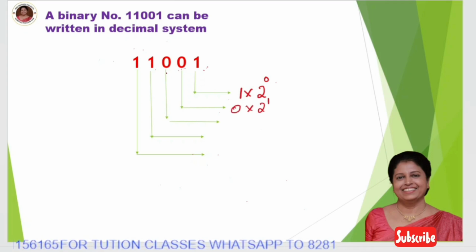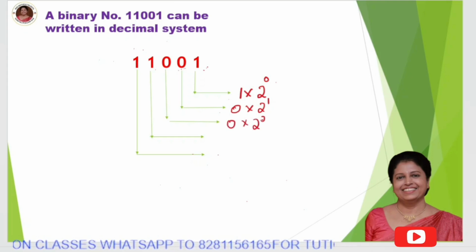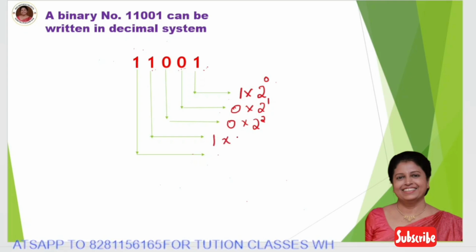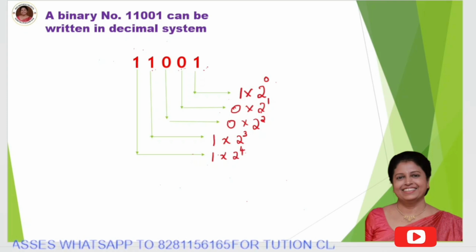The third one has positional value 2 raised to 2, so it is 0 times 2 raised to 2. Here it is 1, its positional value is 2 raised to 3, so it is 1 times 2 raised to 3. This 1 is of positional value 2 raised to 4. So we got it like this.